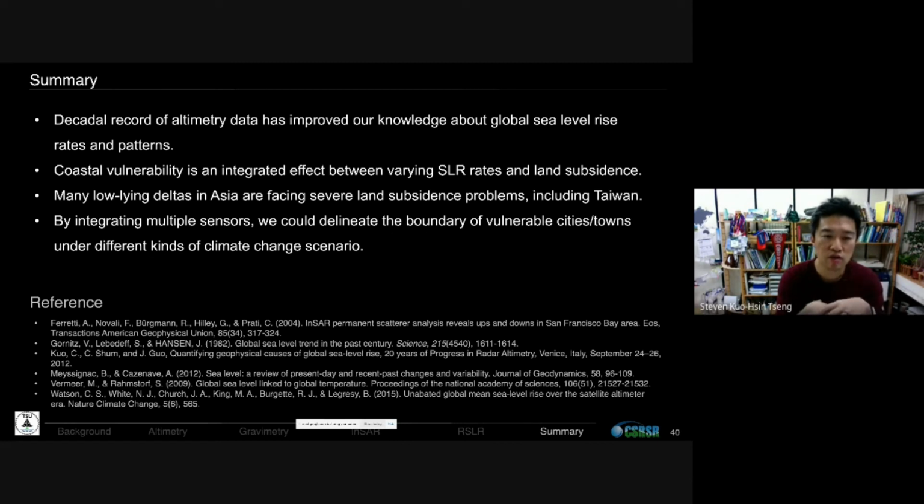We need to merge different data products to solve big scientific problems in this field.